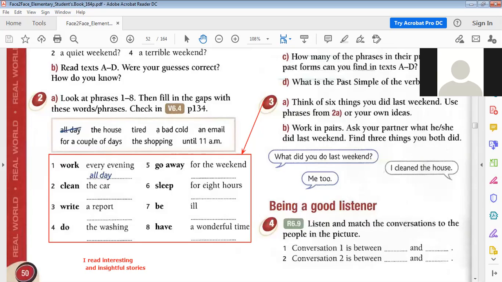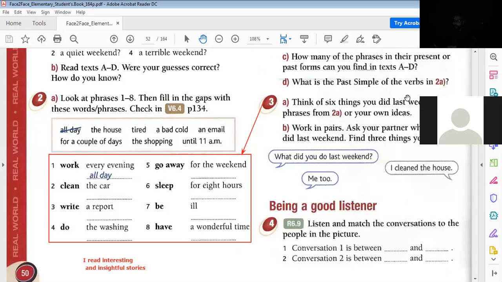Last weekend, I cleaned the house, and I watched some English videos. And, yes, I cooked a traditional meal.